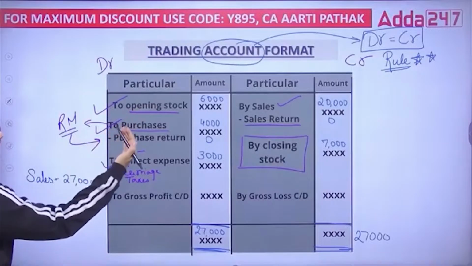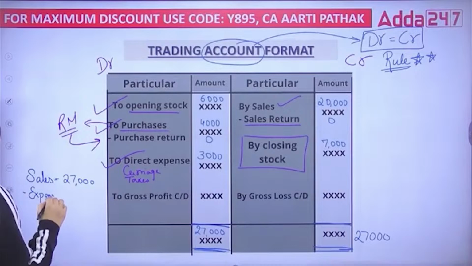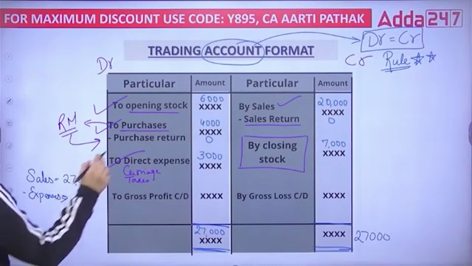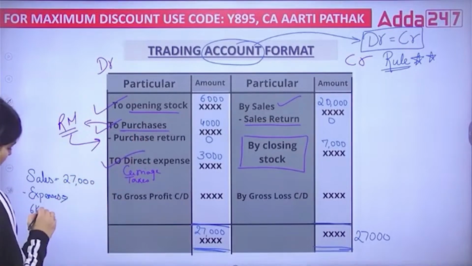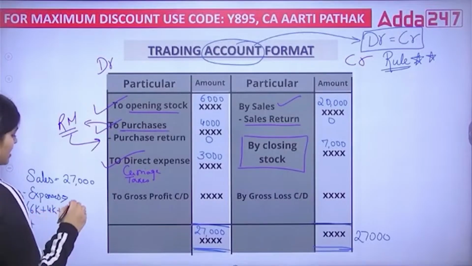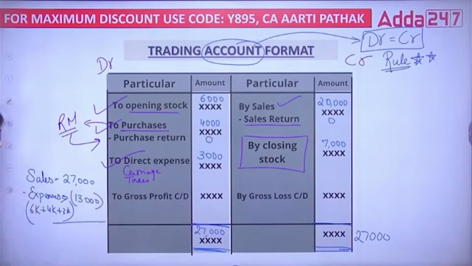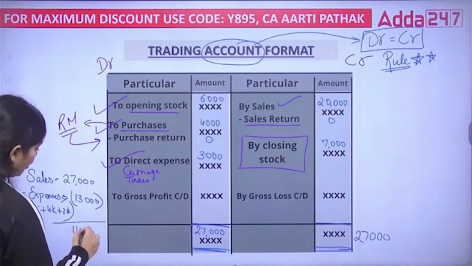And the opening stock, purchases and direct expenses are all your expenses. If you add 6,000 plus 4,000 plus 3,000, this will give you 13,000. And if you subtract it, 27 minus 13, this will give you 14,000.